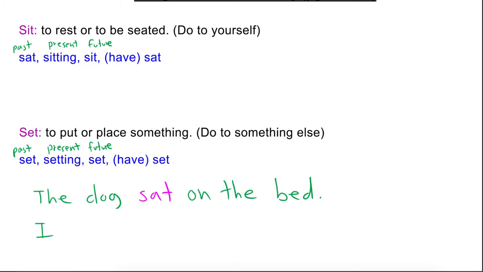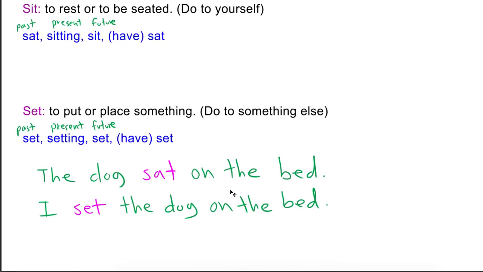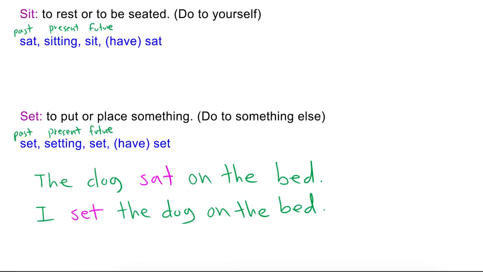I can also say I set the dog on the bed. So in this case, I am taking the dog and putting him on the bed. Since I'm doing it to something else, I would say set. So you would not say I sat the dog on the bed, because sat or sit is only something you do to yourself.